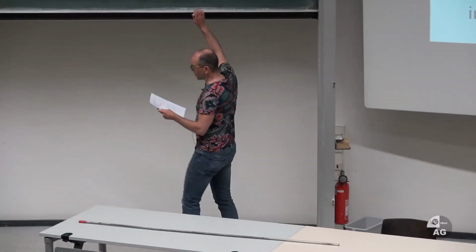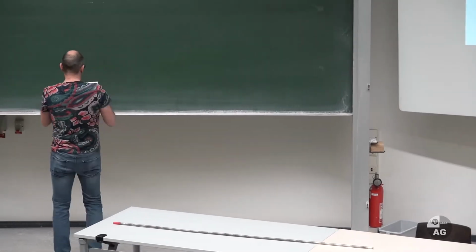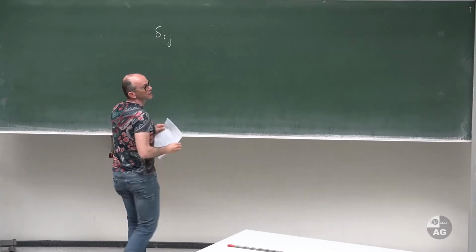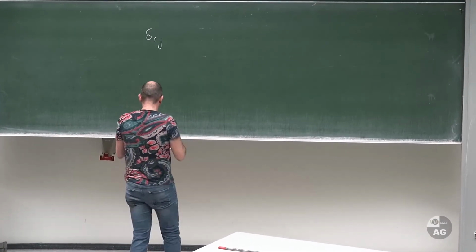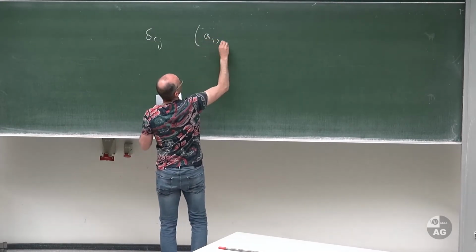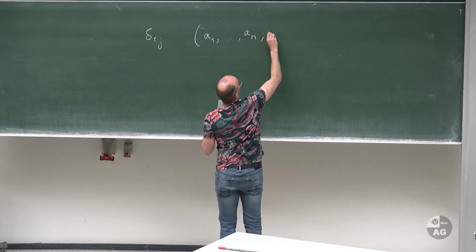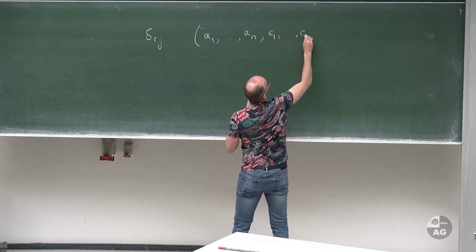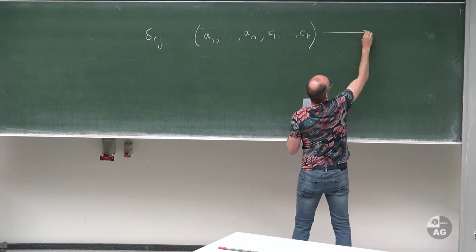So the formal definition is the following. Delta Rj, in my case j equals 1 because I only have one register, but in a general setting I have more, is a function that tells you to take the current input values and all the values of the registers. This moves by some transition.